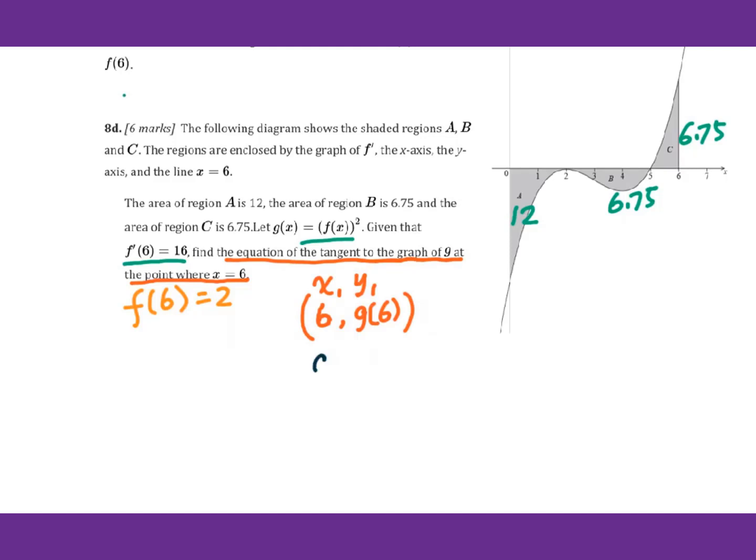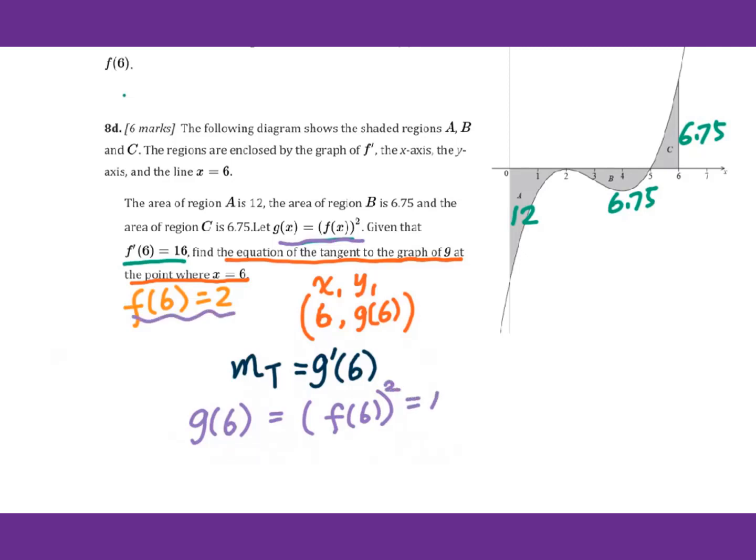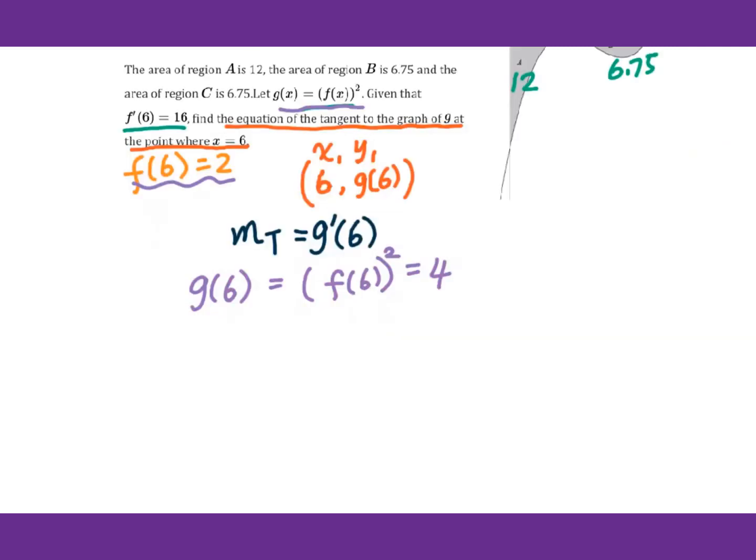And also, we need to figure out g prime of 6, because that will be the slope of the tangent line. So g of 6 equals f of 6 squared. F of 6 equals 2, so you get 4. So your x1, y1 will be 6, 4.